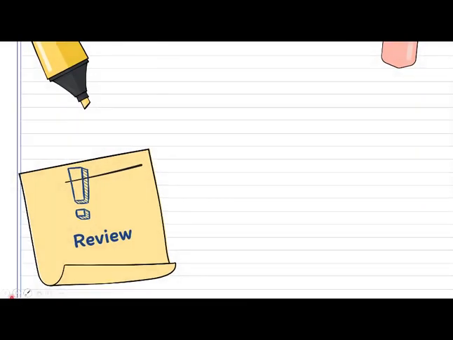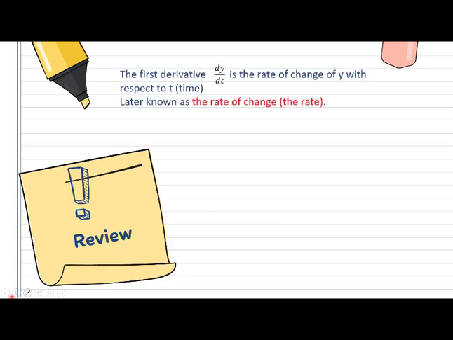Before we have the example of the solution, let's review what we had last meeting. We know that the first derivative dy/dt is the rate of change of y with respect to t, or the time. Later it will be known as the rate of change or only the rate.